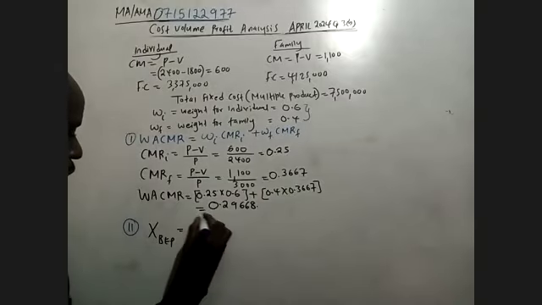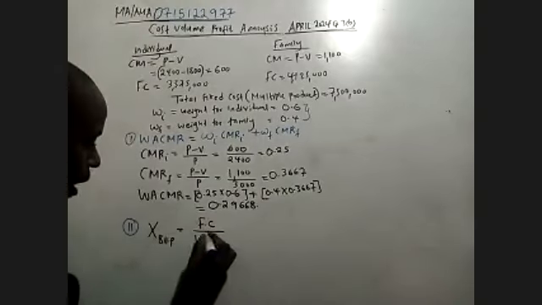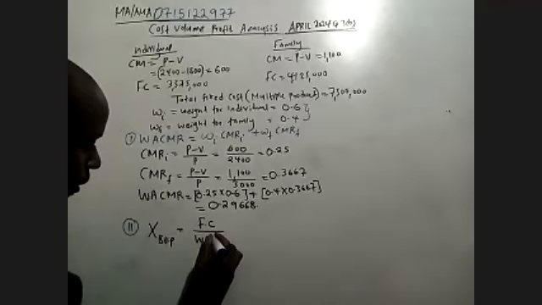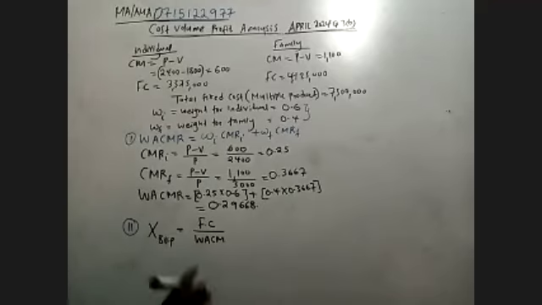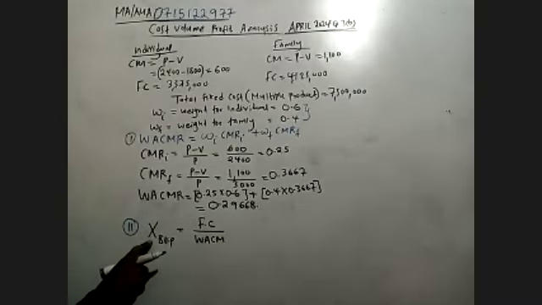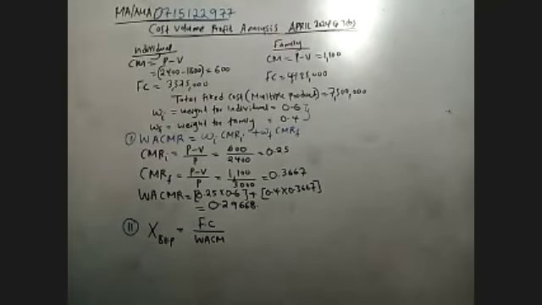We know it's fixed cost over WACM. Now we need to find this one because they said number of tickets. They have not said number of sales to break even. They said number of tickets to break even. Now let's find this one.